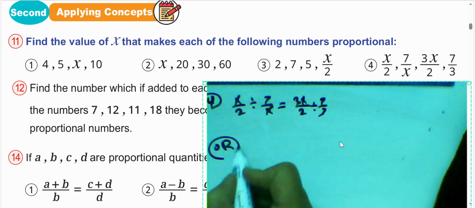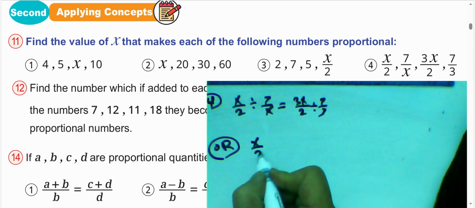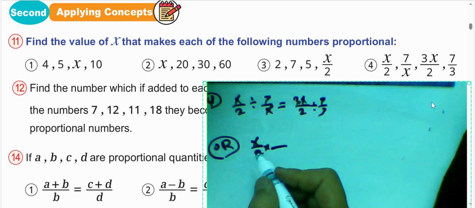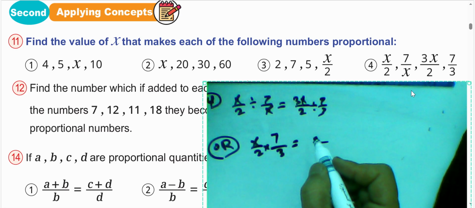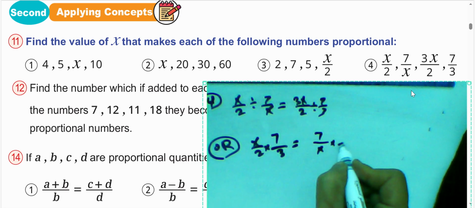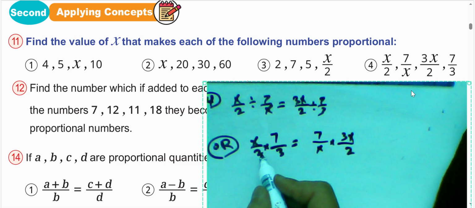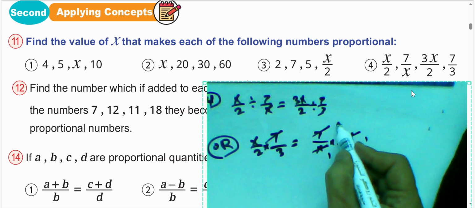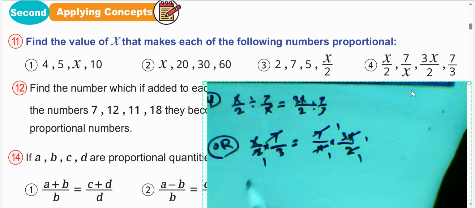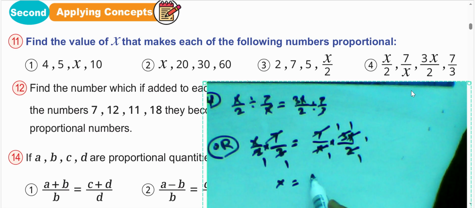Or you can use the product of extremes, x over 2 times 7 over 3, and the product of extremes together equals the product of means, 7 over x times 3x over 2. You can simplify it. 7 divided by 7 equals 1, x divided by x equals 1, 2 divided by 2 equals 1, 3 divided by 3 equals 1. The value of x here equals 1.